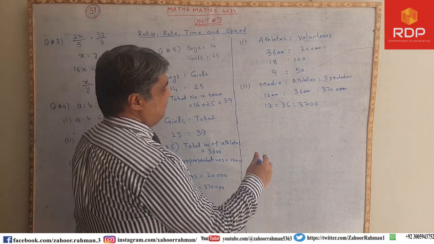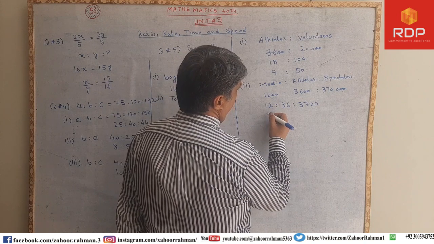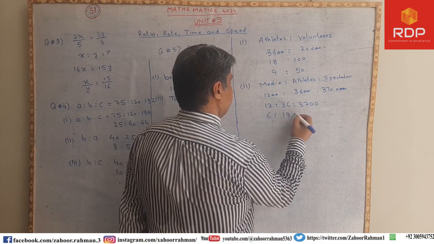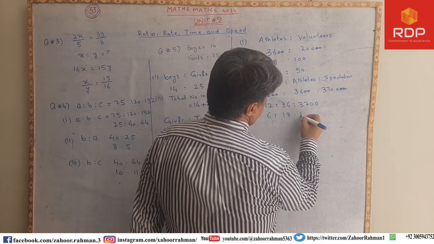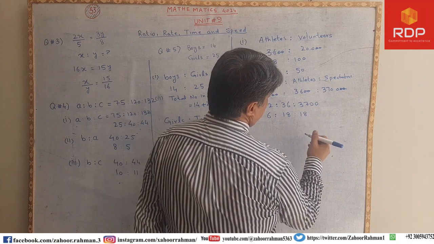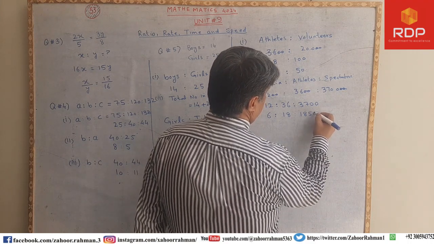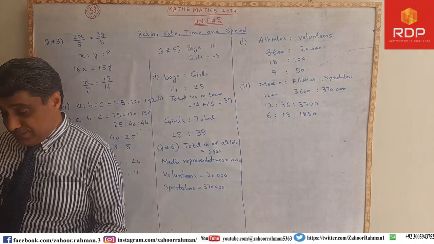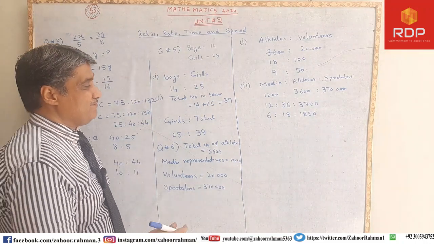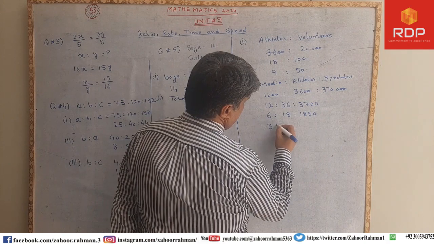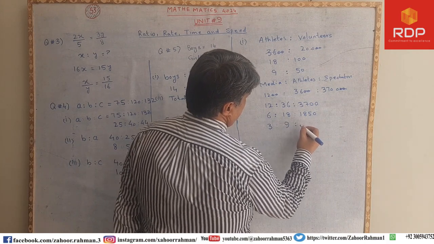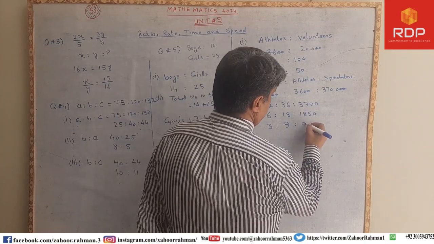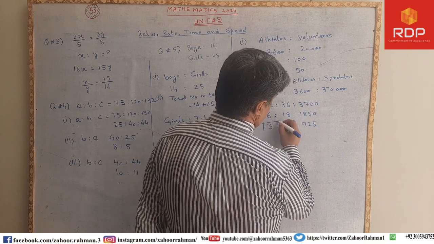Both are divisible by 2. 2 sixes are 12, 2 eighteens are 36, and 2 times 1,850 is 3,700. So we are left with 6, 18 and 1,850, and that is the ultimate answer.